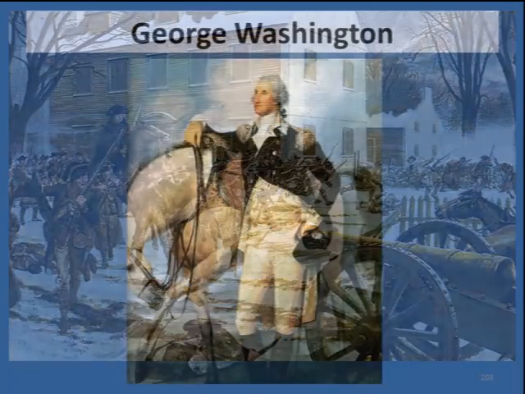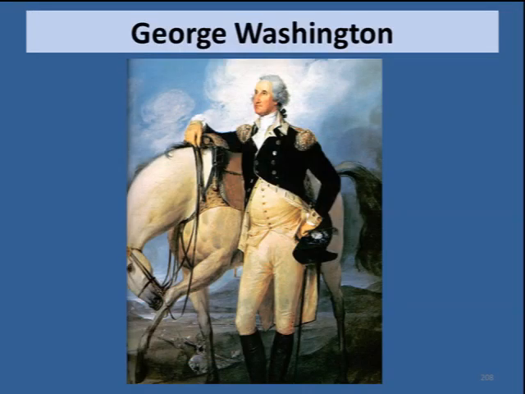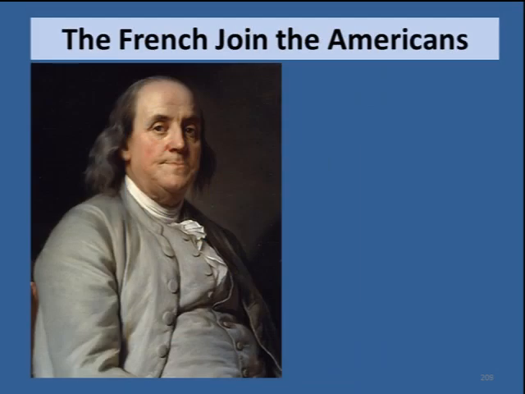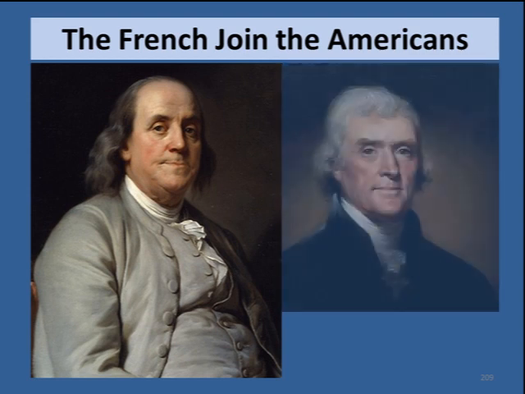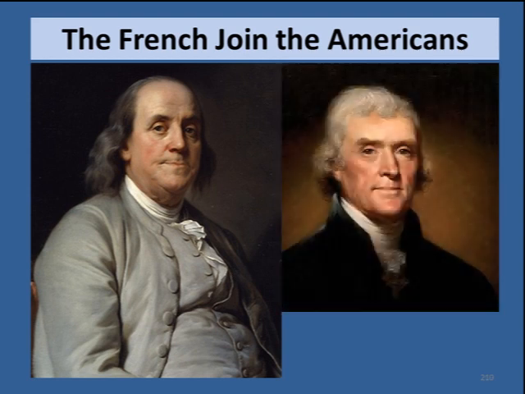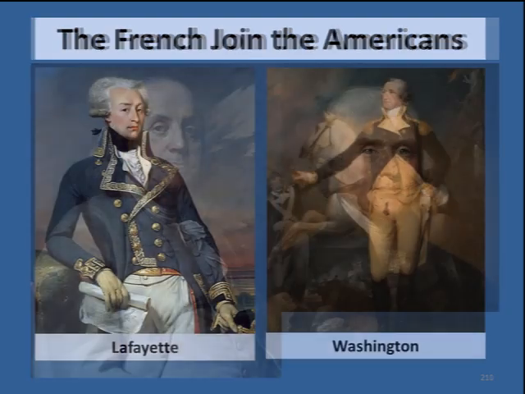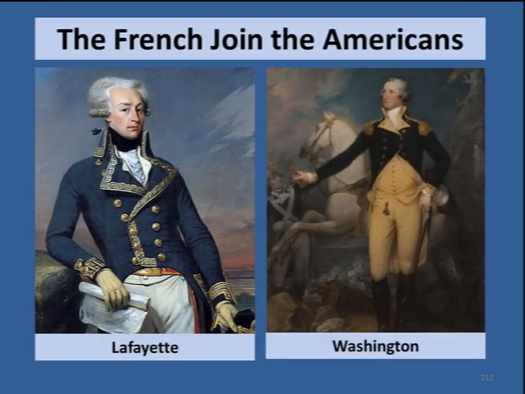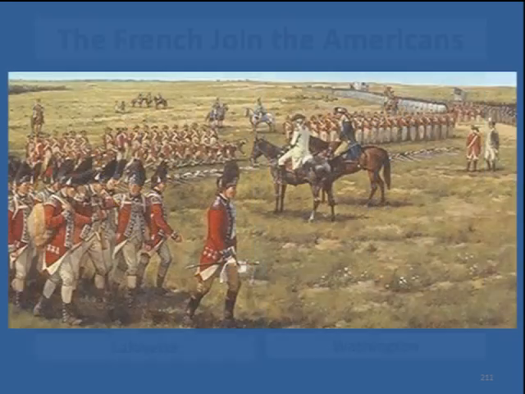However, even with this victory, it was clear that the United States couldn't win the war alone. The nation needed help from other countries. At this time, Benjamin Franklin was the U.S. ambassador to France. Along with Thomas Jefferson, he helped convince the French to join the United States in its fight for independence against Great Britain.